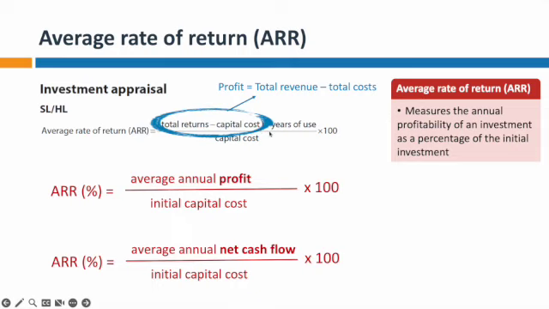In the formula booklet, when we calculate total returns minus the capital cost of an investment, we're basically calculating the total profit of the whole investment. Then, if we divide it by the years of use, we arrive at the average annual profit. So it is all pretty much the same thing.